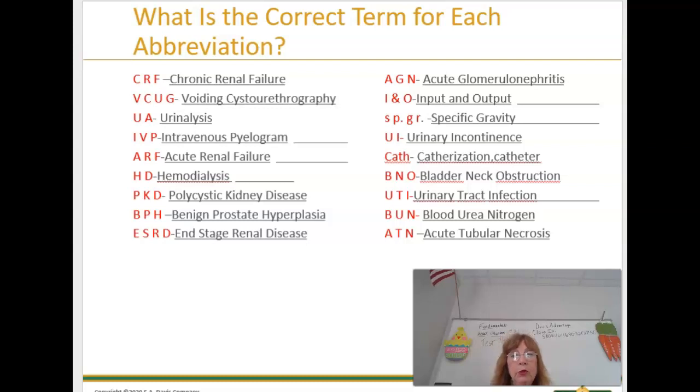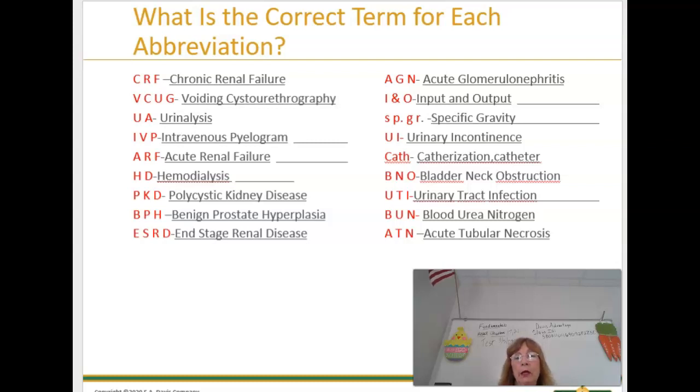We're going to continue on with the pathologies, but I wanted to go through the correct terms for the abbreviations. So make sure that you are understanding what these abbreviations are, okay? So some of the most common: CRF, chronic renal failure, okay?